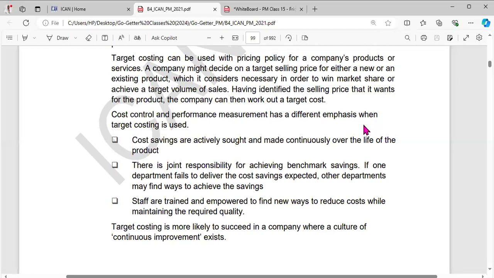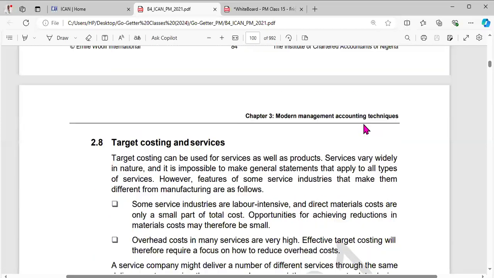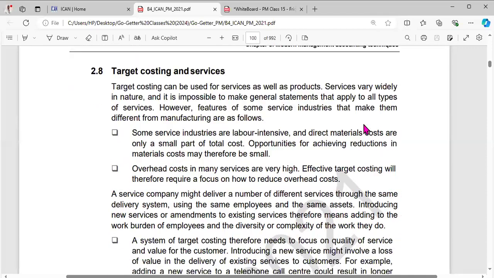All right, so target costing and services. Target costing can be used for services as well as for products, and services vary widely in nature, and it is impossible to make a general statement that applies to all types of services. However, some features of the service industry that make them different from manufacturing concerns are as follows.